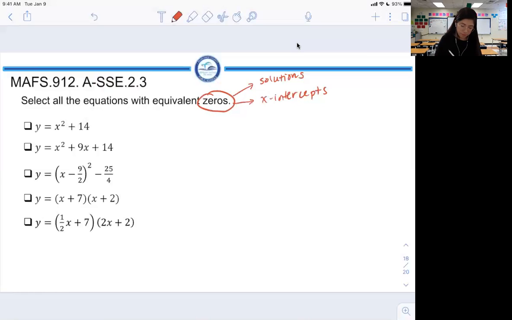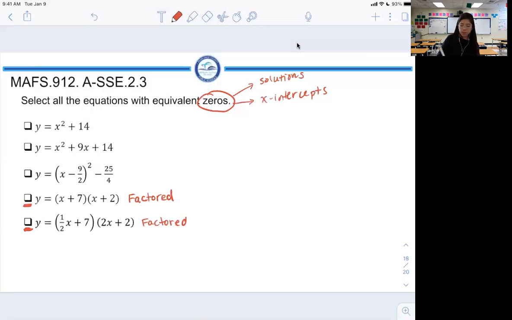D, and I'm not sure about E. What form should it be in? Factored form. D is definitely in factored form. Is E in factored form? Yes, sure.